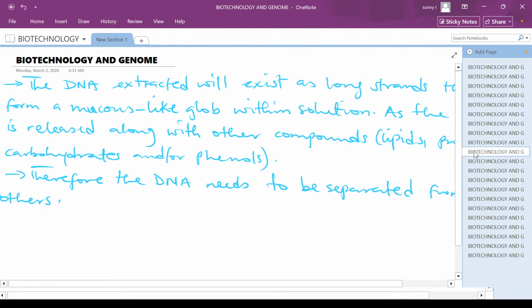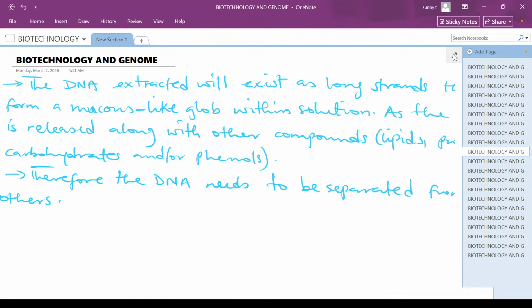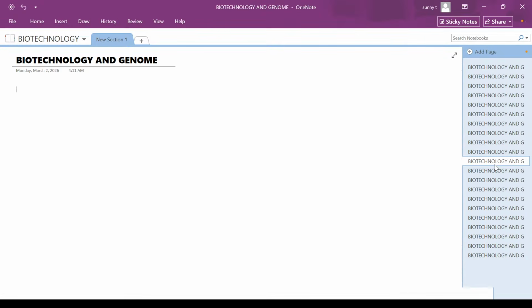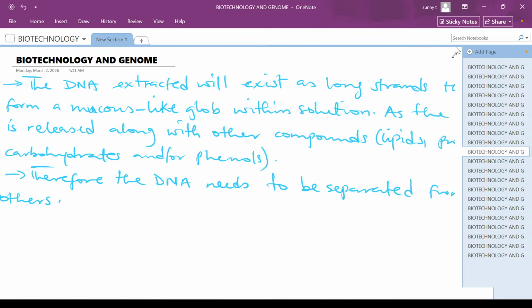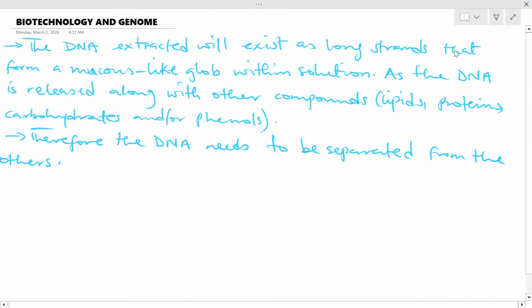Alright, this is pretty much it, and we say that the DNA extracted will also exist as long strands, like we saw earlier, that form a mucus-like globe within the solution.